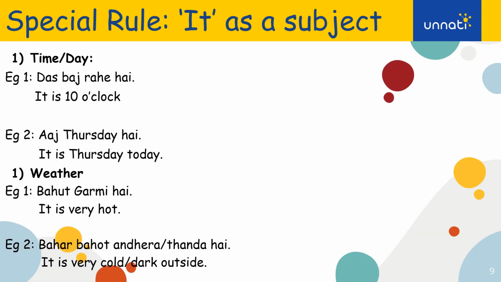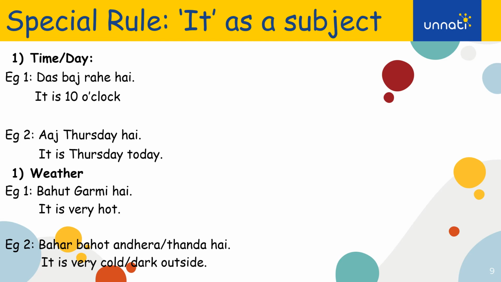So here we're going to look at some special rules. How we use the state of being verb when it is a subject. So we use it as a subject when we refer to a particular time or day. For example, 10 बज रहे हैं. We would say it is 10 o'clock. So it is my subject here, and next what I am using with it is the state of being verb is.